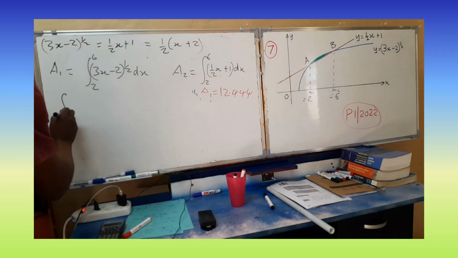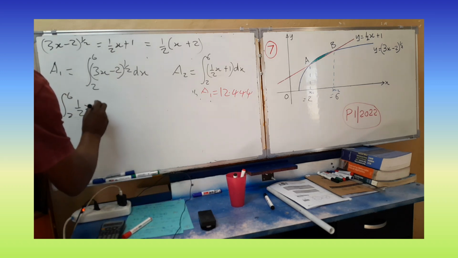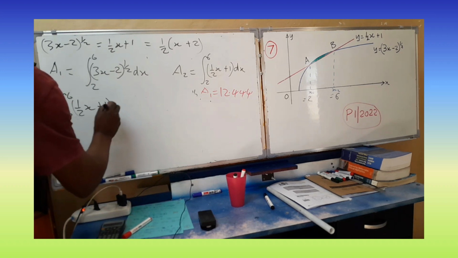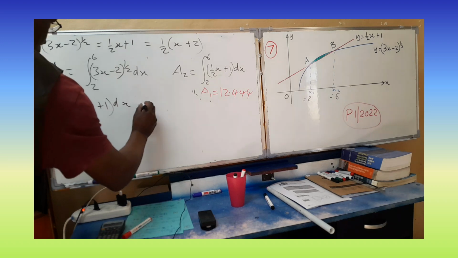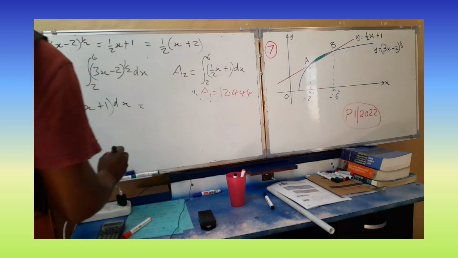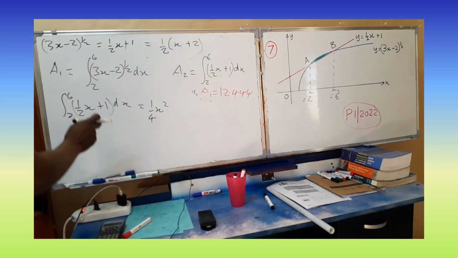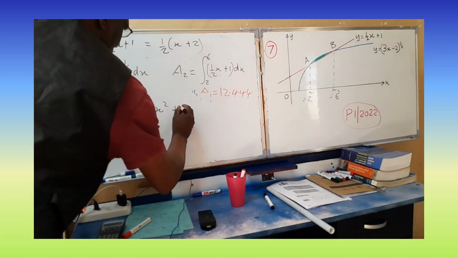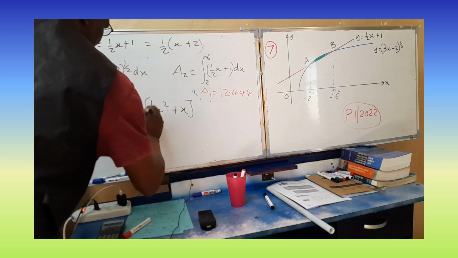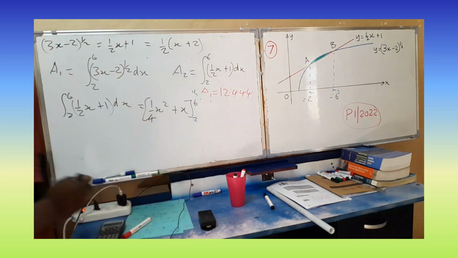It's from 2 to 6 of half of x plus 1 dx, which of course is equal to, this becomes x squared divided by 4, which is 1/4 x squared. That becomes just x. And we are evaluating this from 2 to 6.